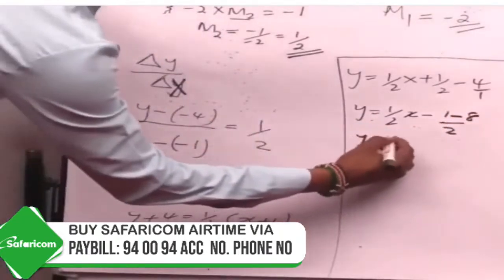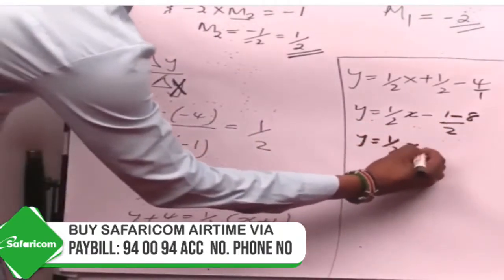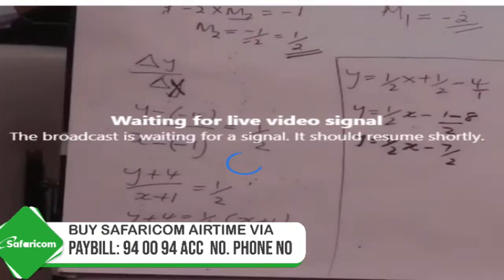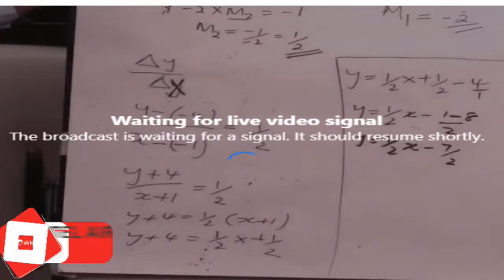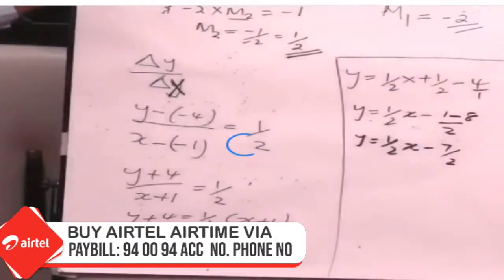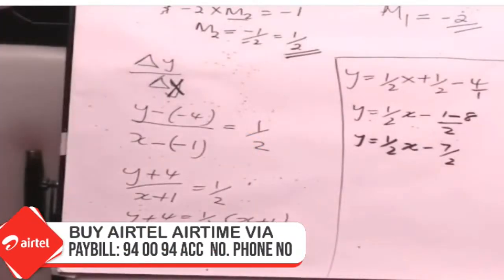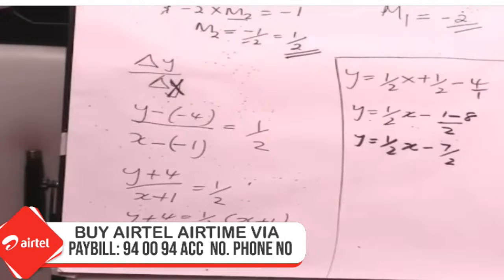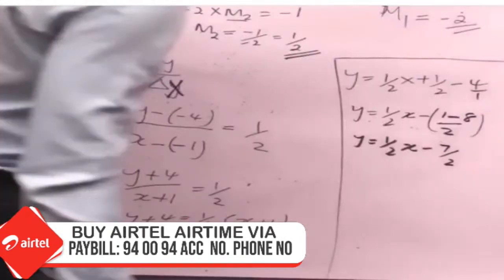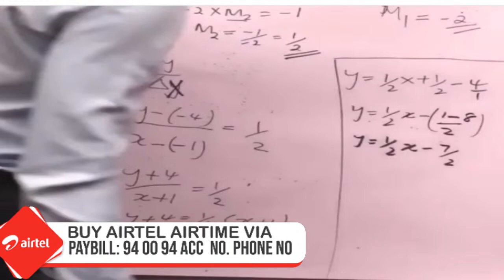So y equals a half x minus 7 over 2. Is it? Yeah. This is plus, so it becomes minus 7 over 2.